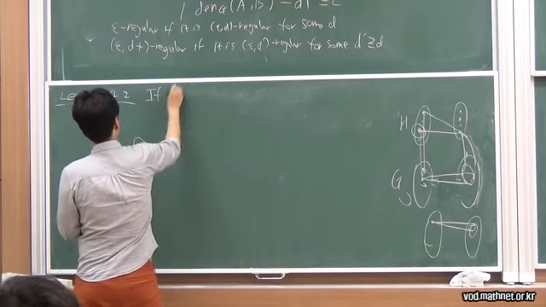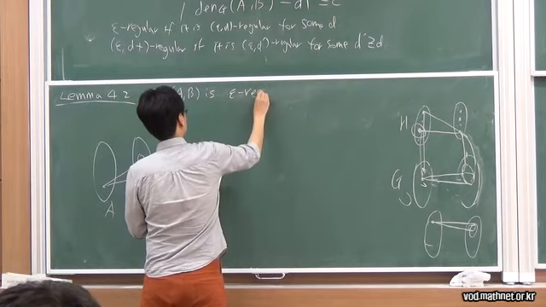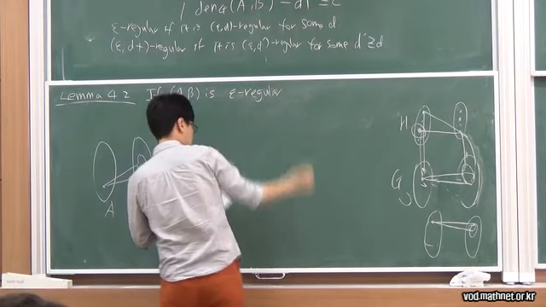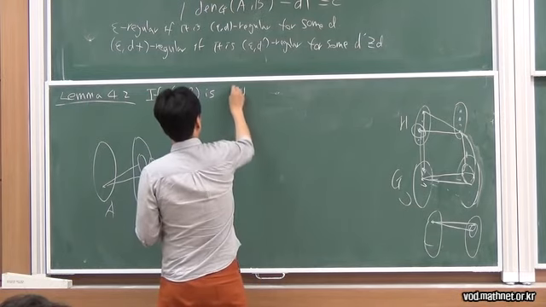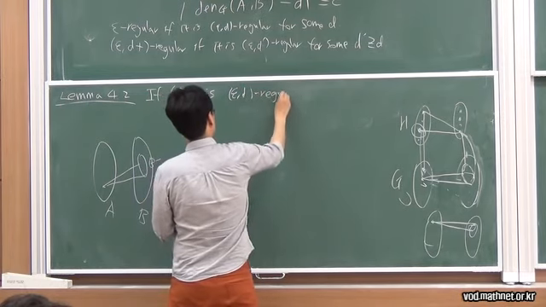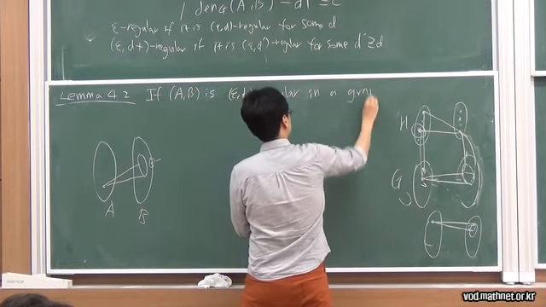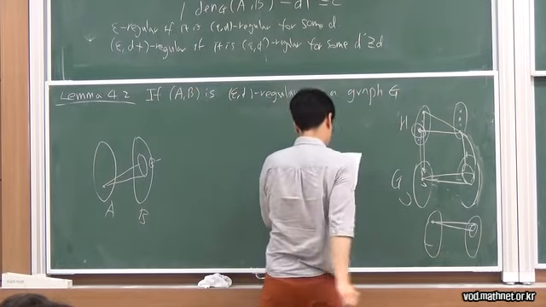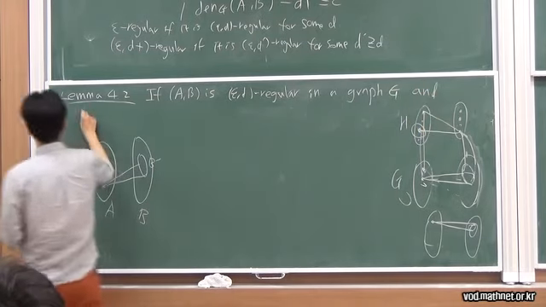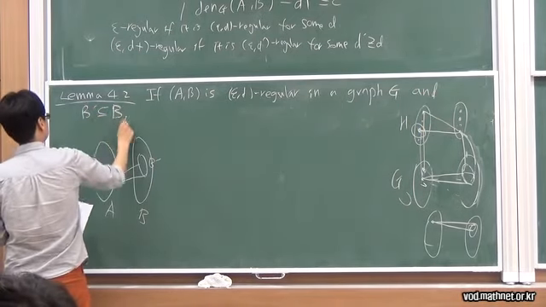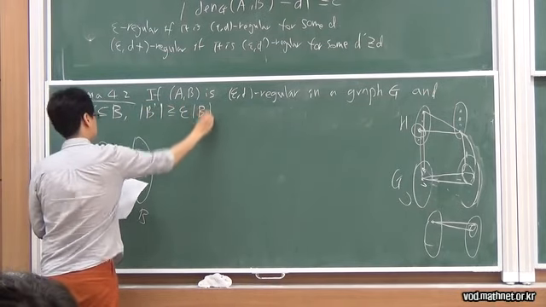So if (A, B) is epsilon, d regular in a graph G, and let's say we have B prime, which is a subset of B, whose size is not too small.